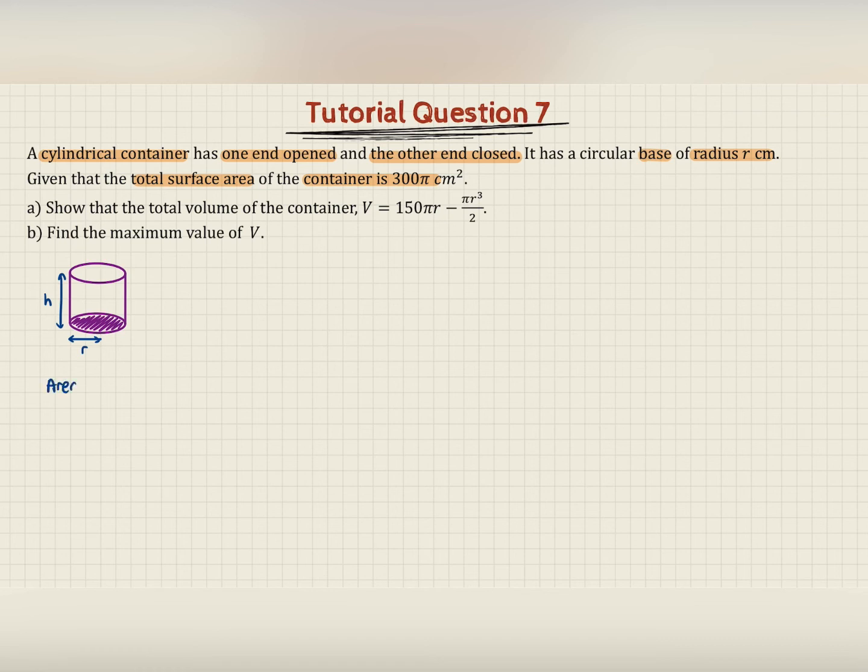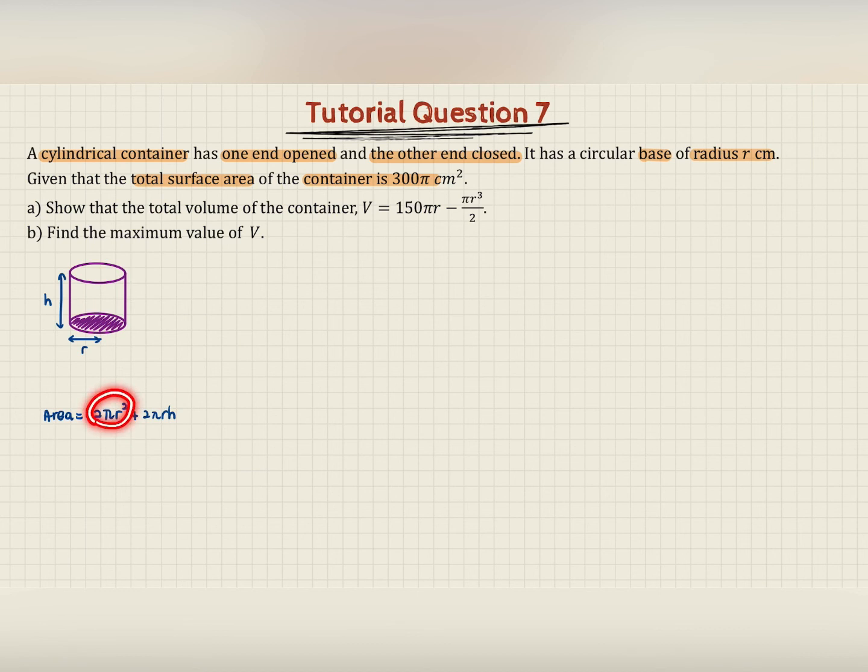saya tulis kat sini boleh. So untuk area, formula asal kita adalah 2 pi r square plus 2 pi r h. Okay, 2 pi r h ni untuk bukaan yang sini, kan?